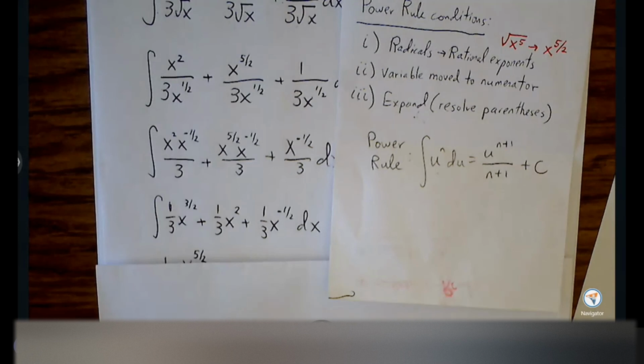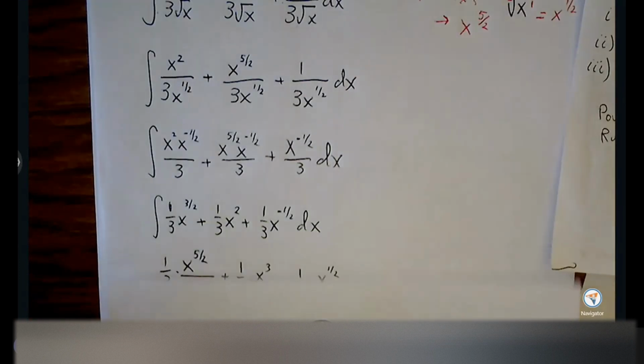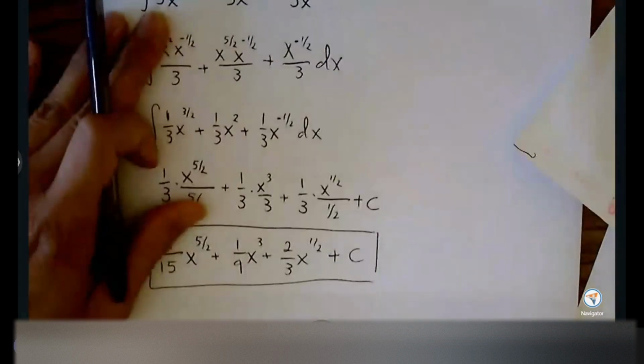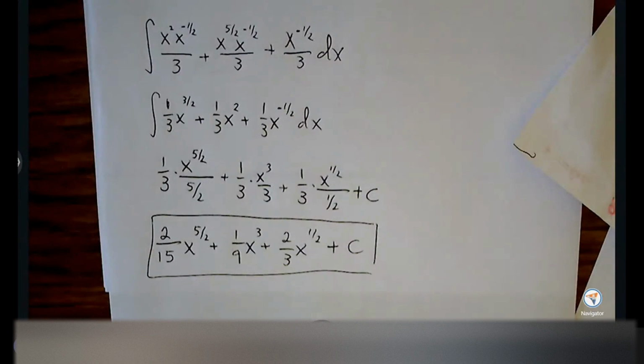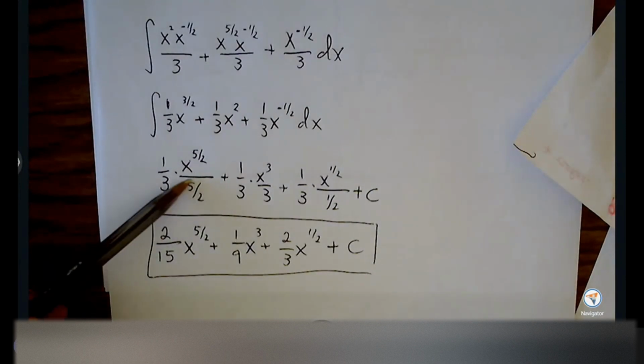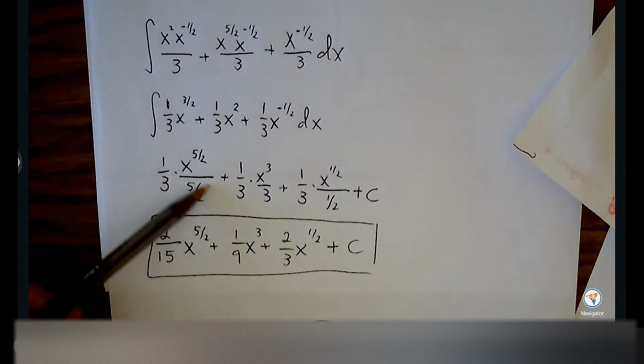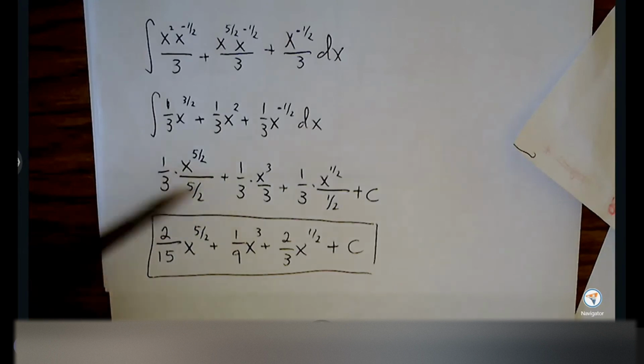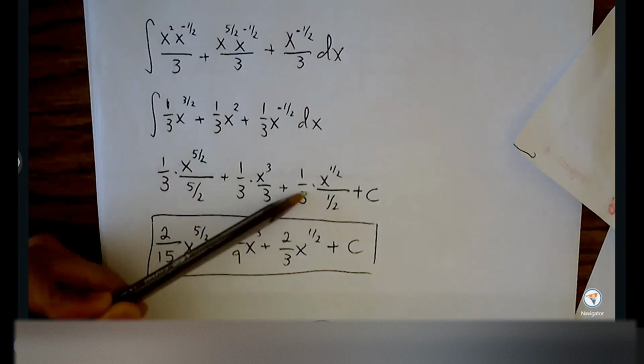We've already applied our antiderivative. There's no need to indicate the notation of integral and du or dx, and then don't forget plus c at the end. I was also cleaning up these complex fractions, so flipping the 5/2 as 2/5, flipping the 1/2 as 2/1.